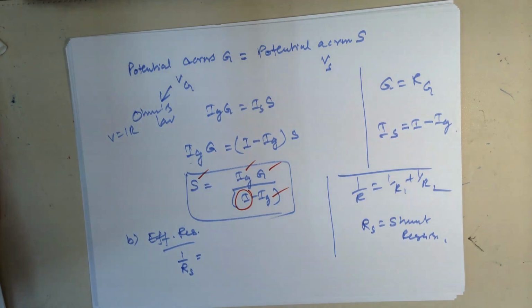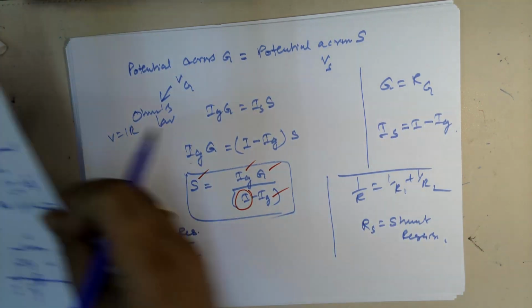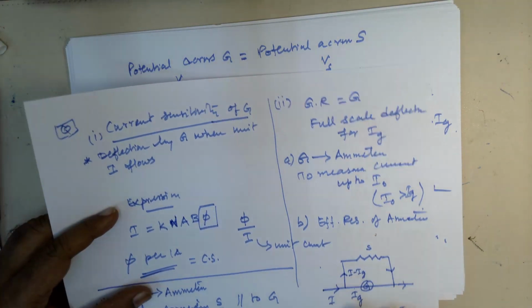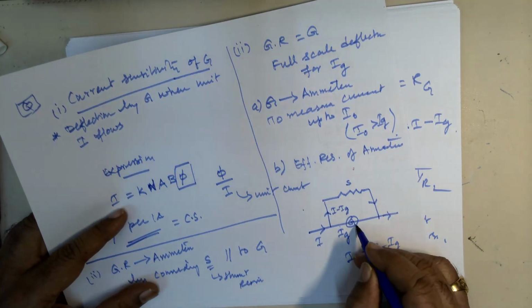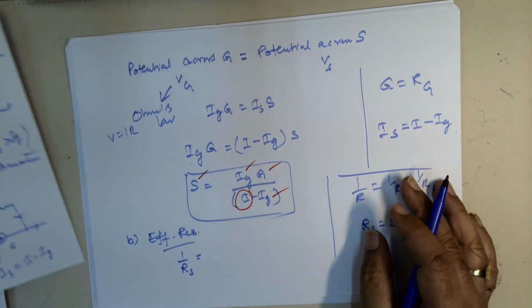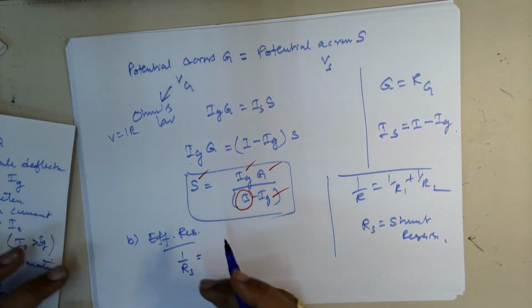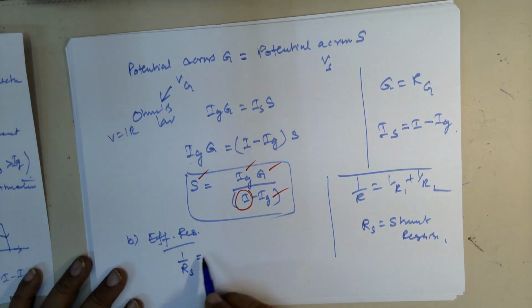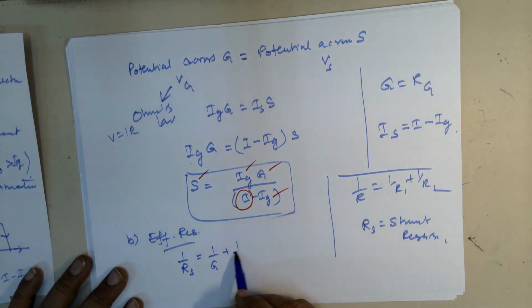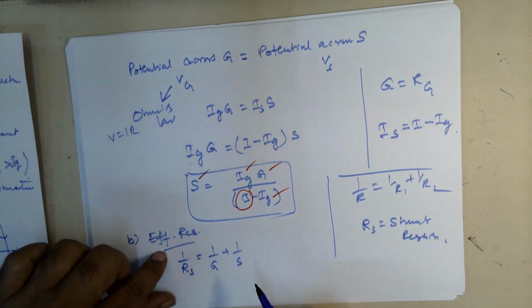So these two are the resistors. What are those resistors? This is G and this one is S. So instead of 1 by R1, 1 by G plus 1 by S. Now we want to know the effective resistance.